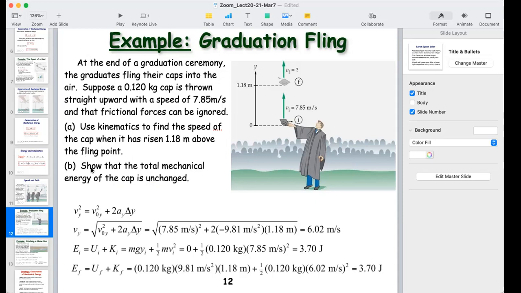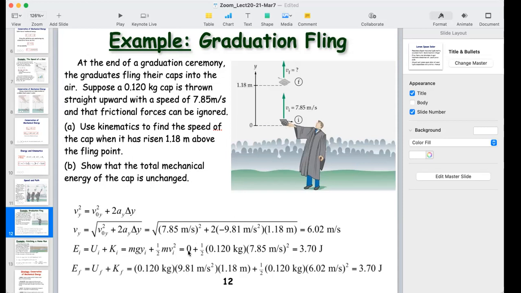Now, answer number B: show that the total mechanical energy of the cap is unchanged. So we have E initial, which is U initial plus K initial, which means mg y initial plus 1/2 m v squared. So mg y initial, 0 is considered at the starting point, when they fling the cap.